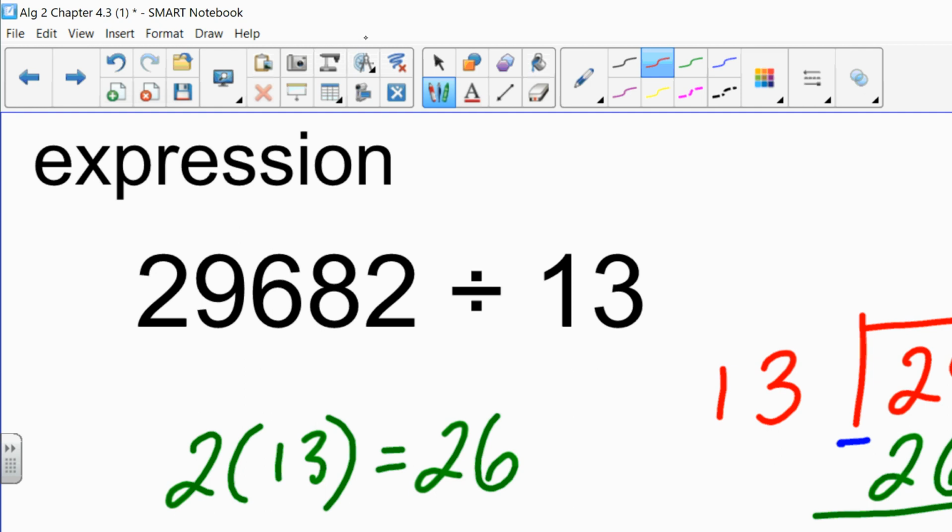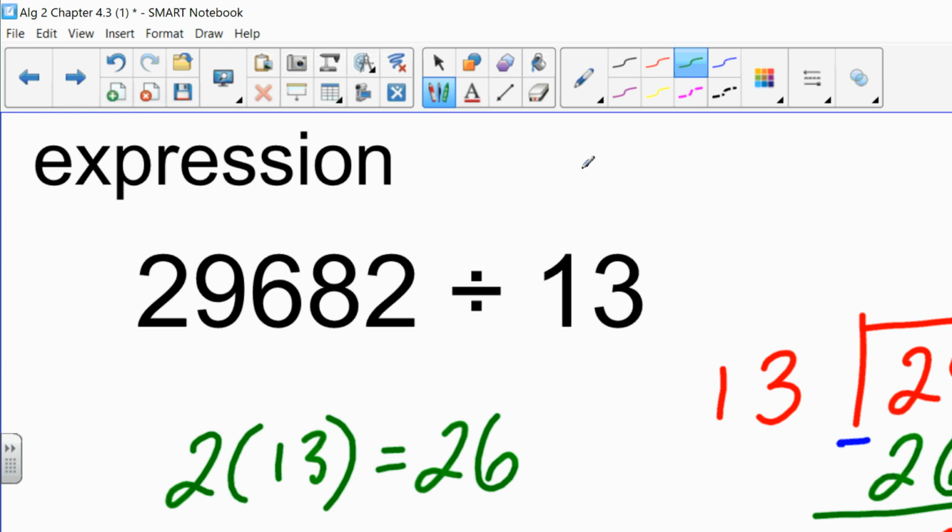29 minus 26 is? And then our next step would be to drop down the next number, our 6, and repeat the process again. How many times will 13 go into 36? 2.